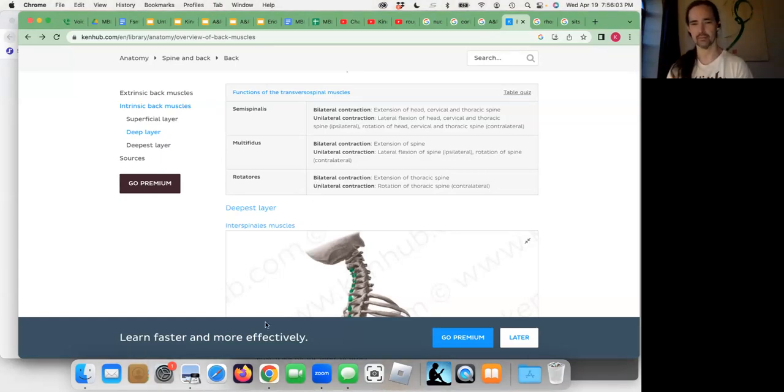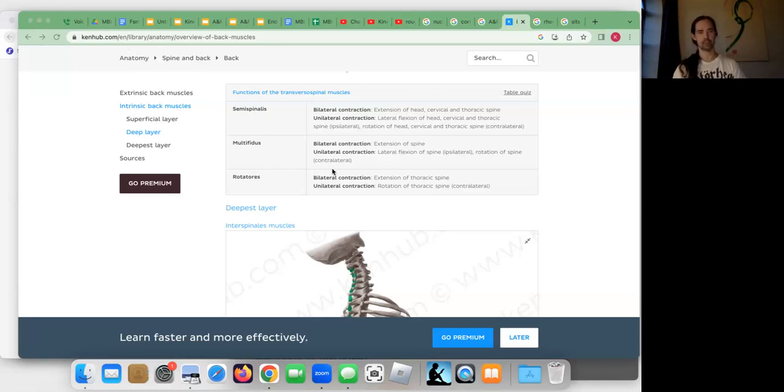So I think I may have reversed that earlier, but if you're talking about the semispinalis, multifidus and rotatores muscles, they do contralateral rotation of the spine and ipsilateral lateral flexion. So lateral flexion on the left would be the left semispinalis, multifidus and rotatores, whereas left rotation with the left shoulder coming forward would be the right side semispinalis, multifidus and rotatores.